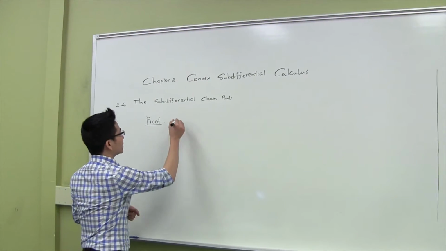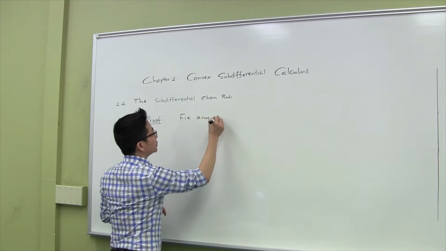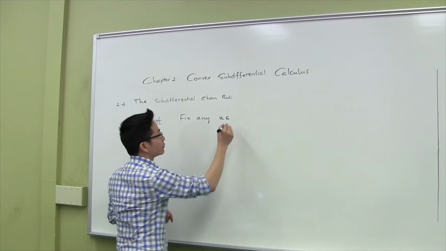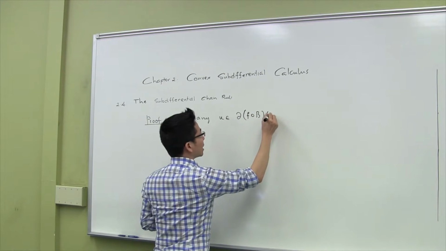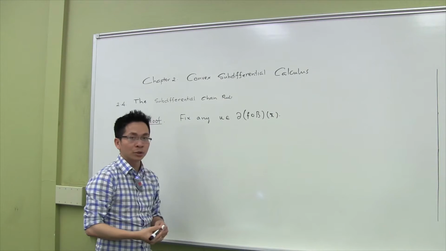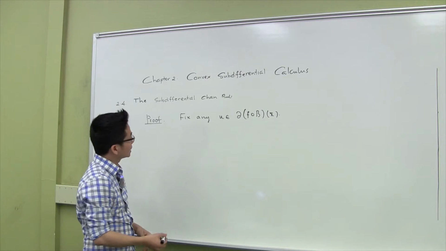Now, fix any u in the subdifferential of the composition of f and b at x bar. Our goal is to show that u belongs to the set on the right hand side.